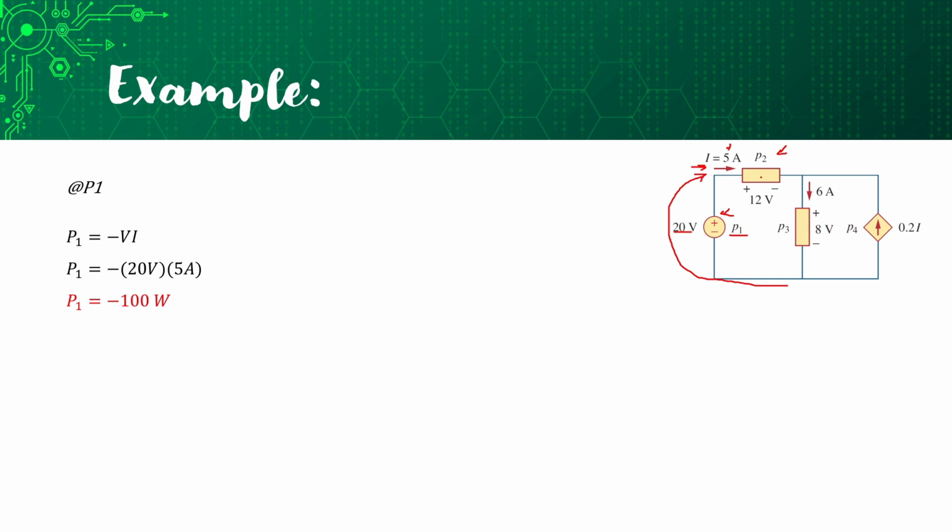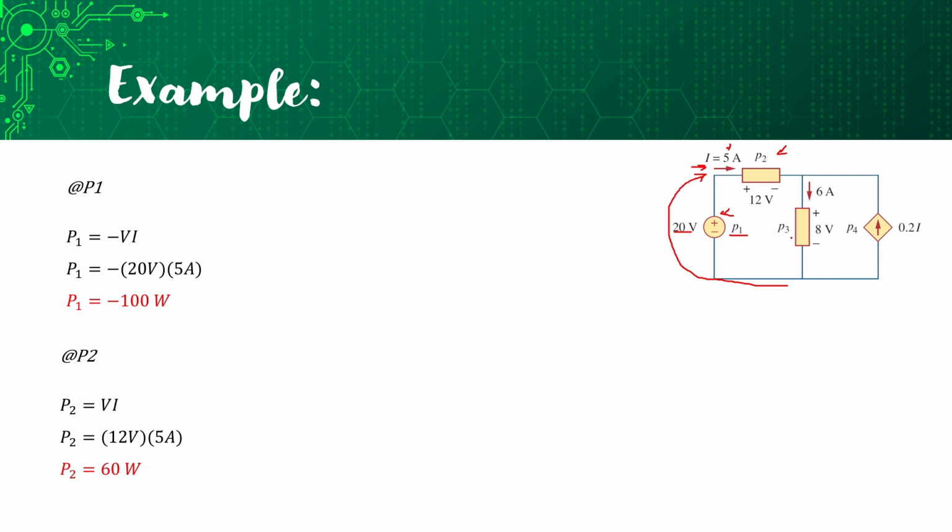Next is to find the power of this load, P2. Similarly, check the flow of the current. The current entering this load is also 5 amps, and the arrow is entering the positive terminal. Using the passive sign convention rule, the power is positive. Substituting 12 volts and 5 amps, we get 60 watts.